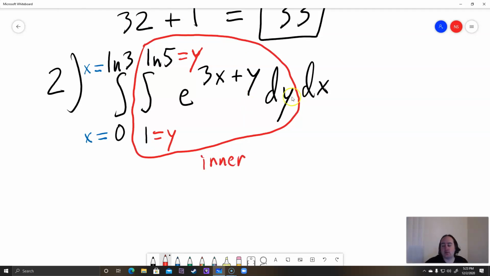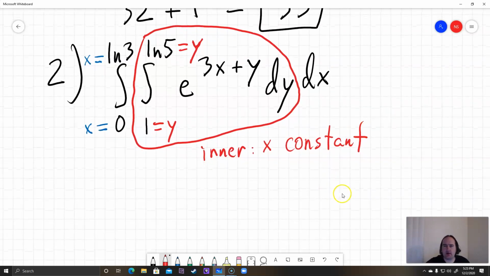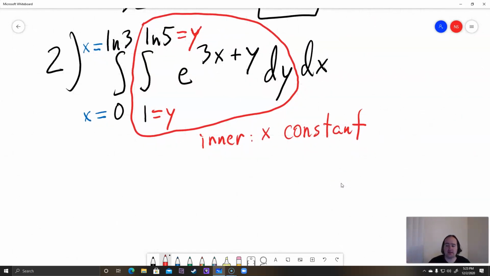And because the integral is with respect to y, any other variable is constant. So here, the other variable is x, and x is constant. Okay, so for this one, x is constant. And remember, if you're integrating e to the u, the integral of e to the u is just e to the u.